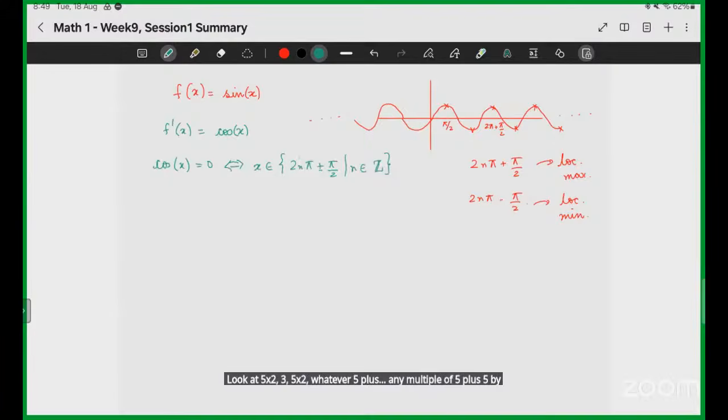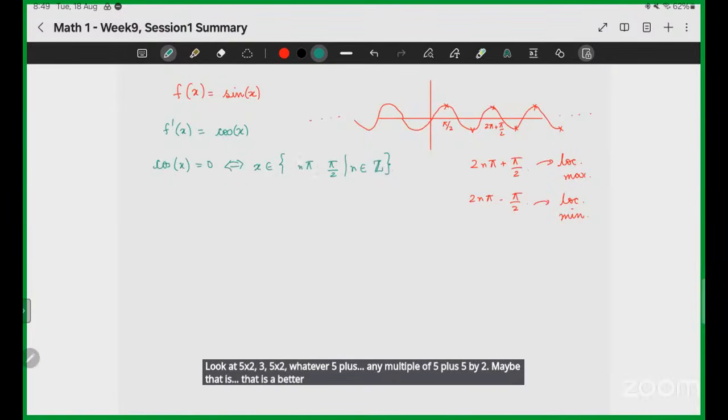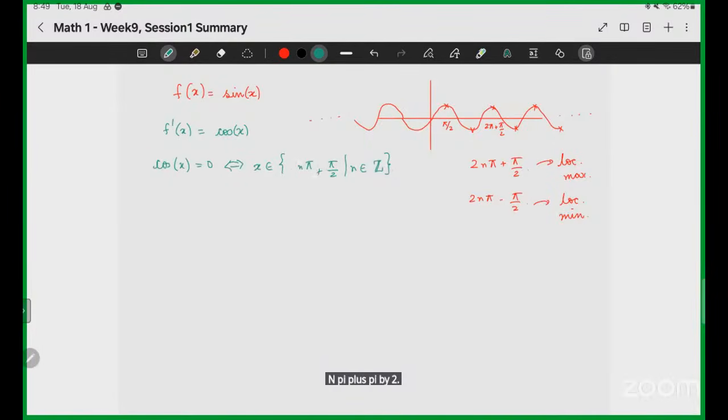Maybe a better way to write it is n pi plus pi by 2. At all of these points, the cosine function vanishes. Is that fine?